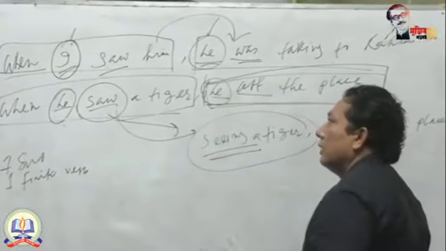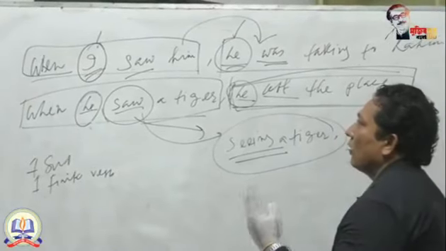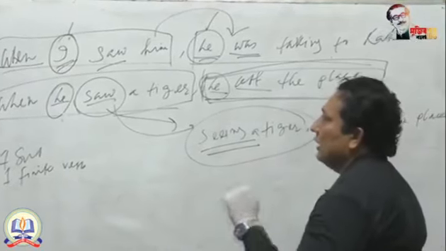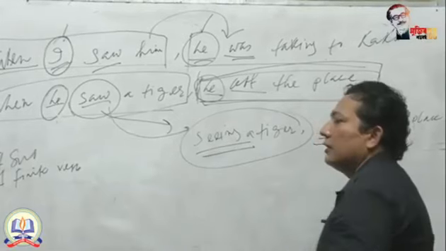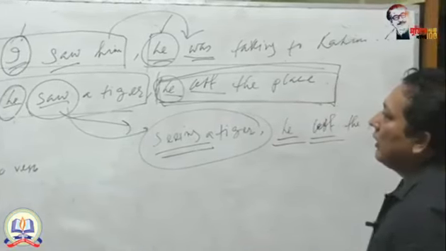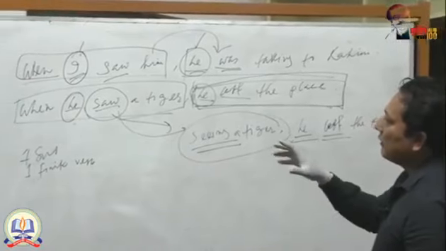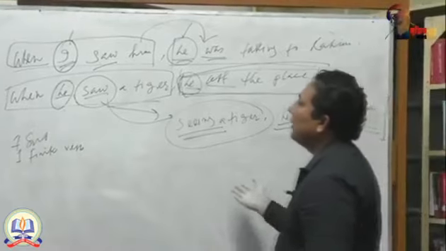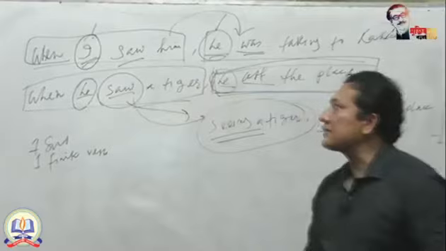You can choose two ways. What are they? By taking the first subject, you can make the finite verb non-finite, and the other way is you can make the subordinate clause a phrase by using the first subject in the possessive case.